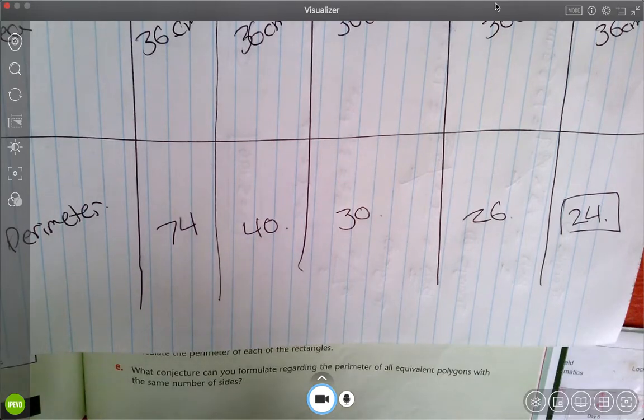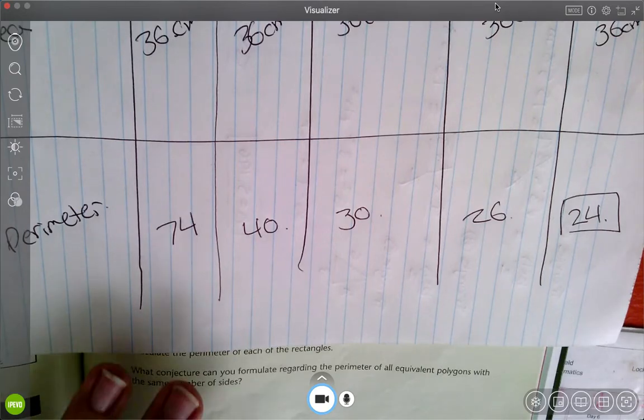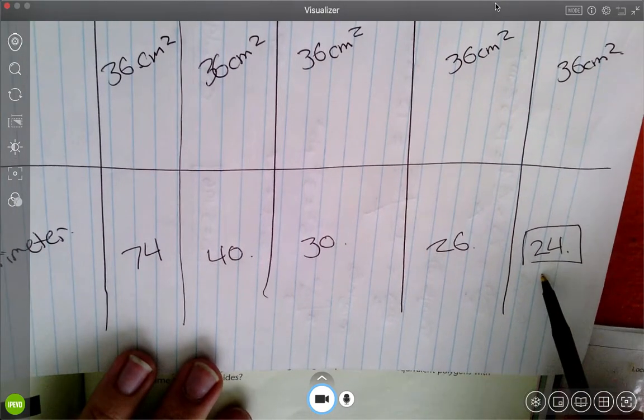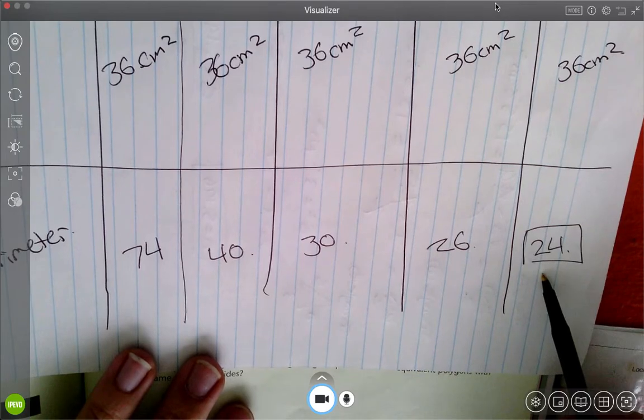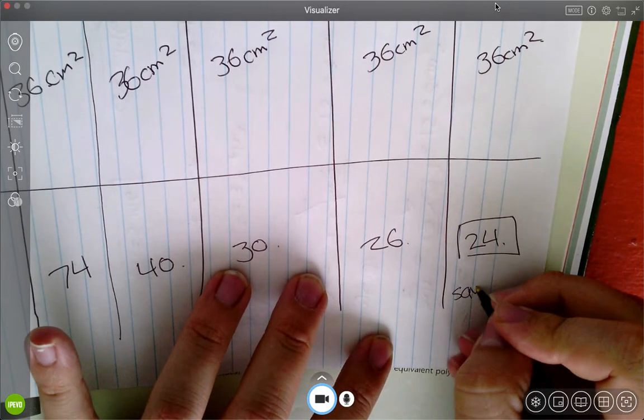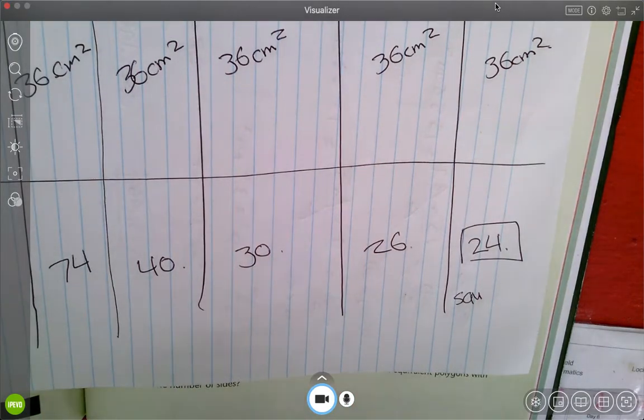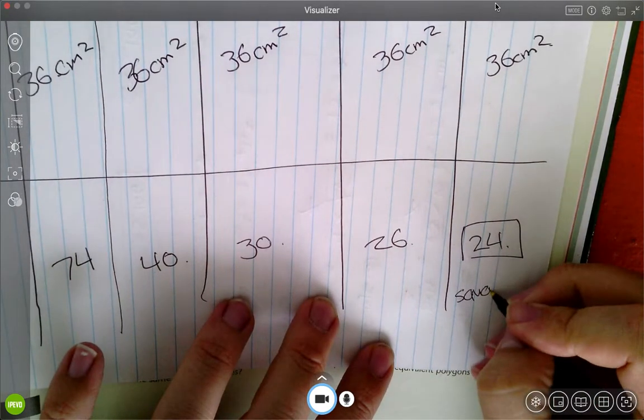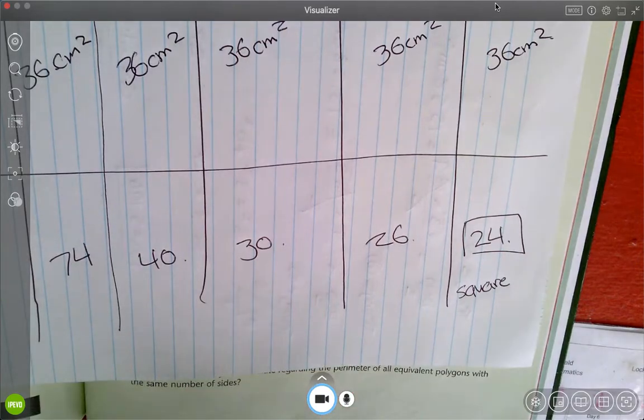So they're decreasing. Which one is the perimeter the smallest? 24, which is what shape? A square. So the square is our most optimal shape.